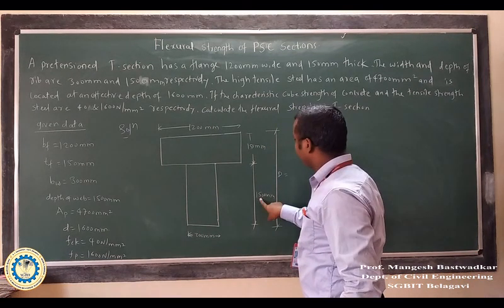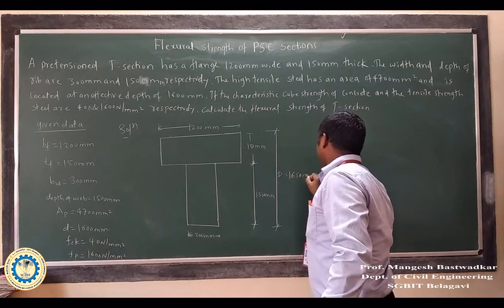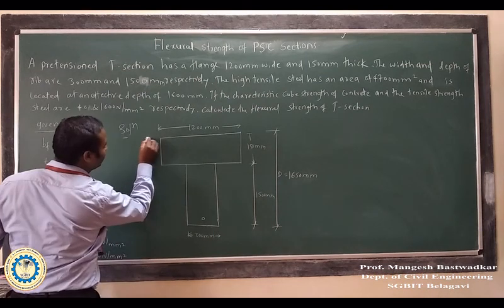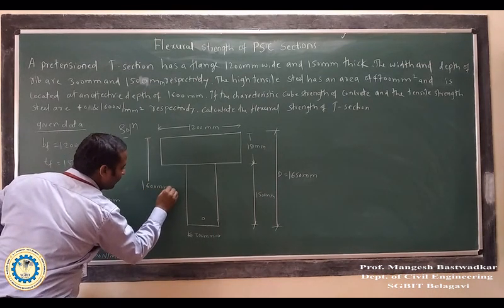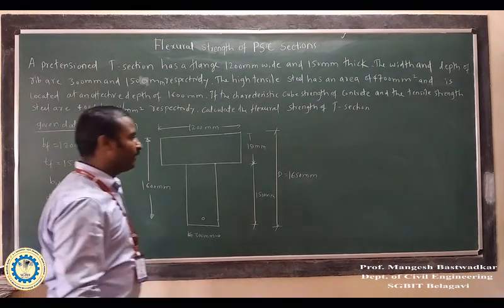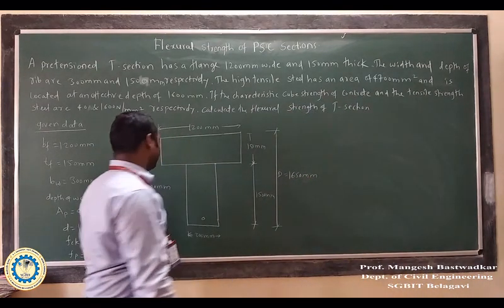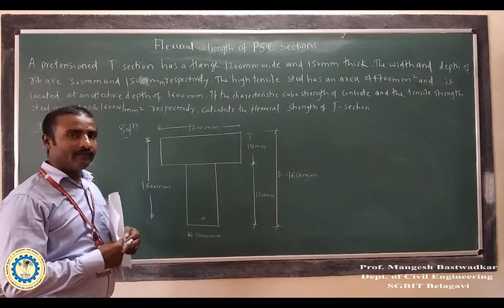This will be equal to 1500 plus 150, which is 1650. And the effective depth is given already in the problem. So it is 1600 mm.